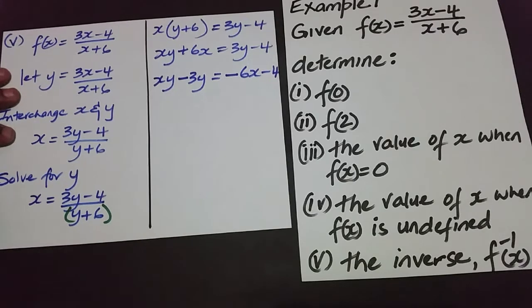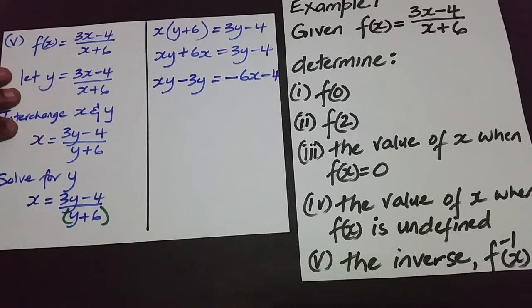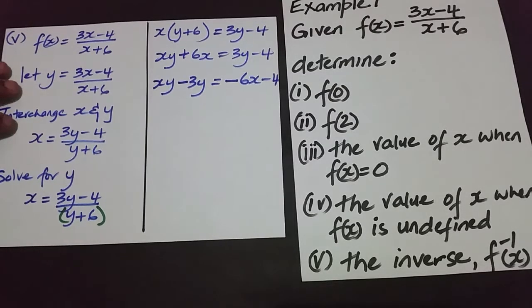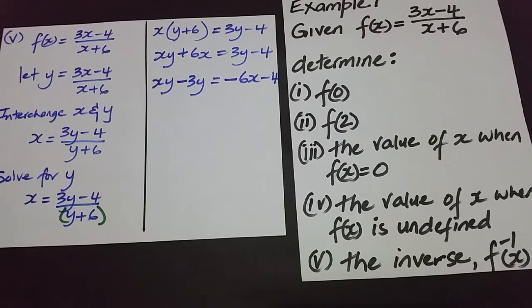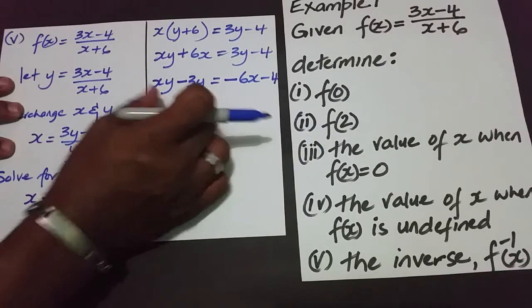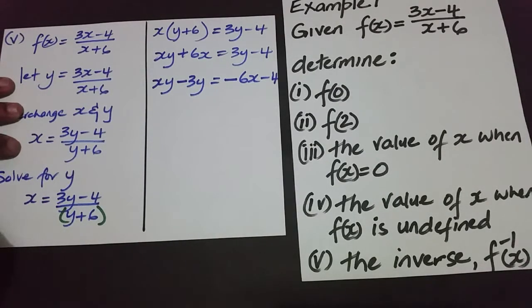Now, the trick, in order to get just one y, because we have two terms with y in them. Remember, we want to make y the subject, which means we want to see what y is equal to. So what we're going to do very simply is factorize this, take out what is common, and what is common in there is y.